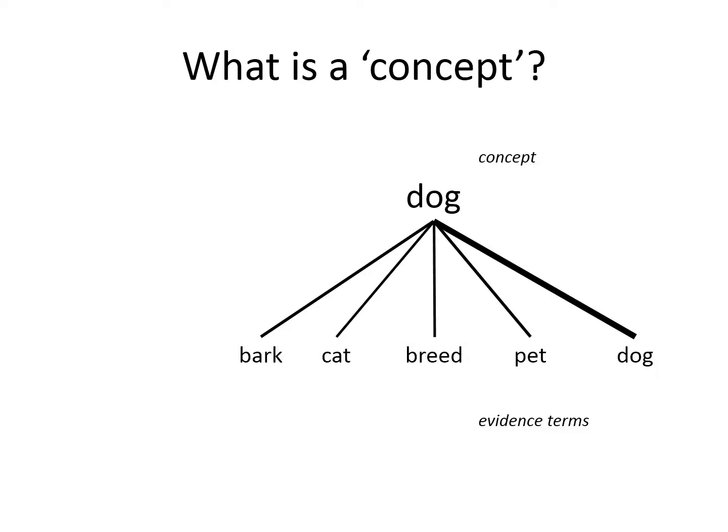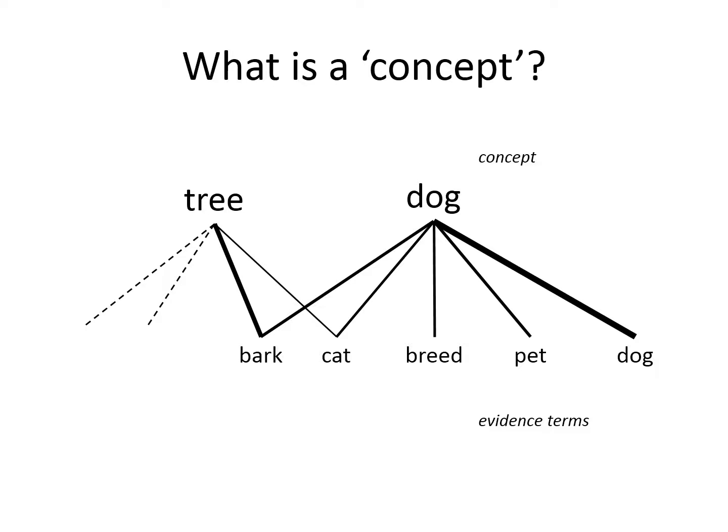If Leximancer is reading a text later and trying to find out whether a particular sentence contains the concept dog, it might only see the words bark, cat, and breed. But that might be enough evidence to suggest that the concept dog is present, even though the term dog isn't mentioned within that sentence. So the idea is accumulating evidence to predict the presence of a concept.